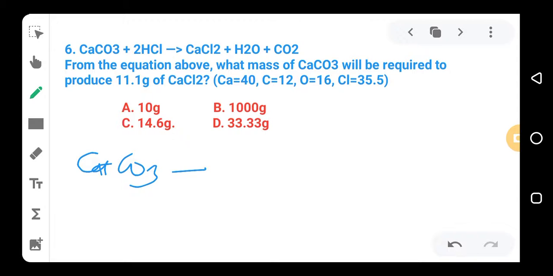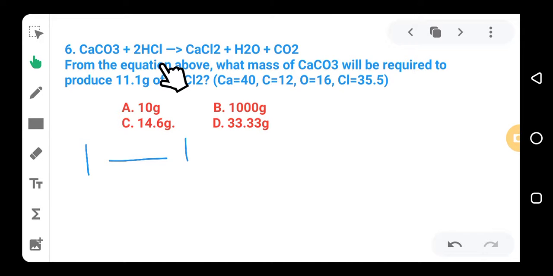It produces just one. One here produces 1 mole here. So if 1 gives us 1, 1 mole of CaCO3 is equal to its molar mass.